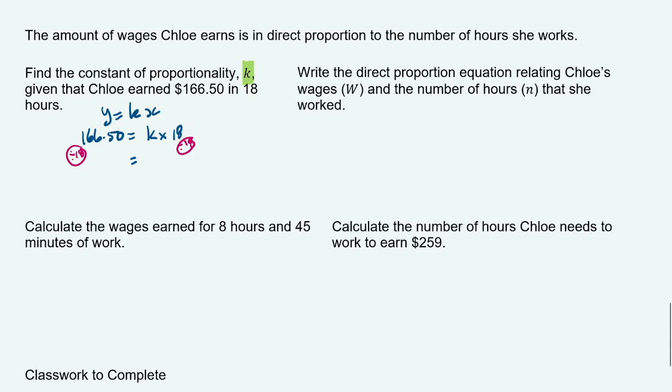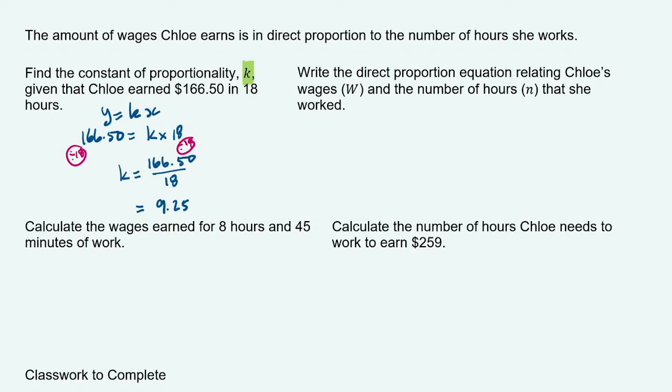That gives me K equals 166.50 over 18, and when I calculate all that out, I get $9.25. You are more than welcome to double check that maths on a calculator.